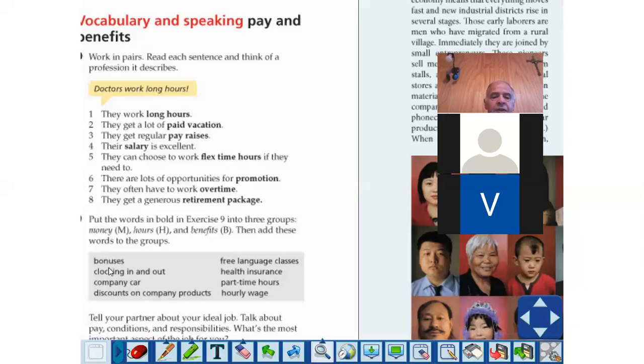Okay, now sometimes you get bonuses from your company, an extra bonus that is pretty good. In some companies, in some schools, they offer bonuses. I remember that when I worked in De La Salle High School, they gave us 2 bonuses in the year.